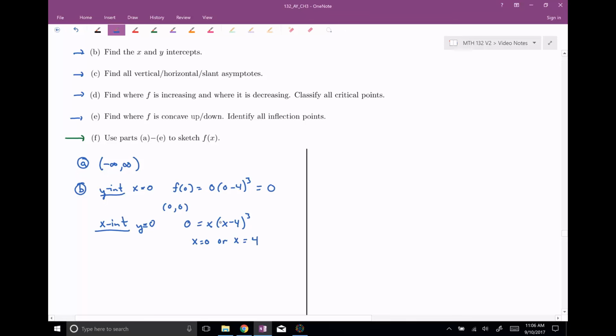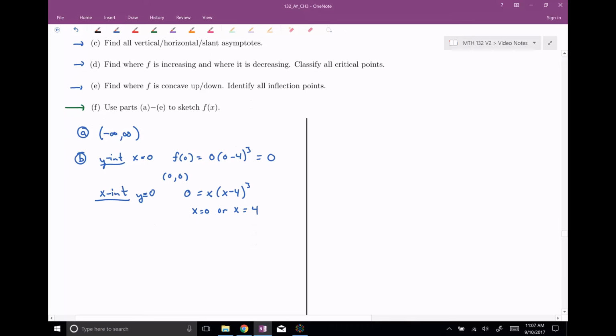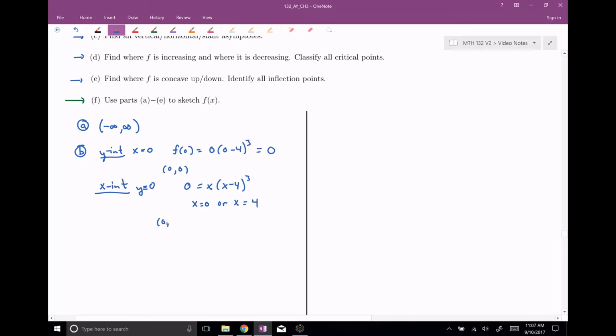In either case, one of these terms is 0, and 0 times anything is 0. So there are x-intercepts at (0, 0), which we already knew from up above, and at (4, 0). When you plug in x equals 4, you get out the y value 0. So that's where the x-intercepts are.